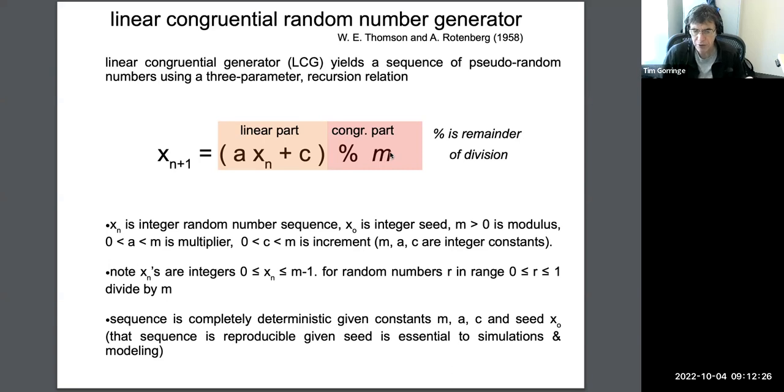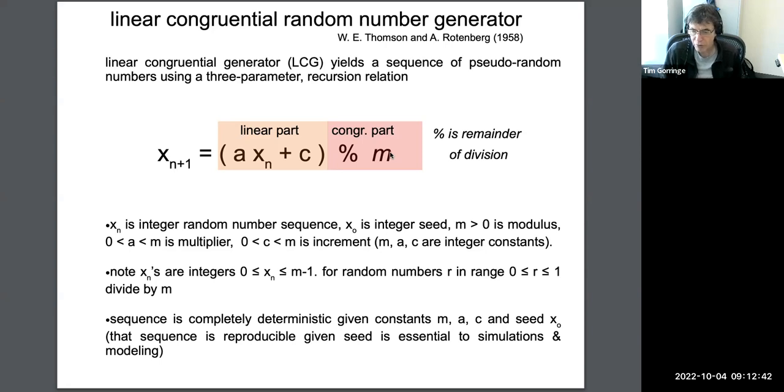That's the procedure involving multiplication, addition, and division to find our random numbers. And that's how we're going to try and generate a sequence, a set of random numbers.